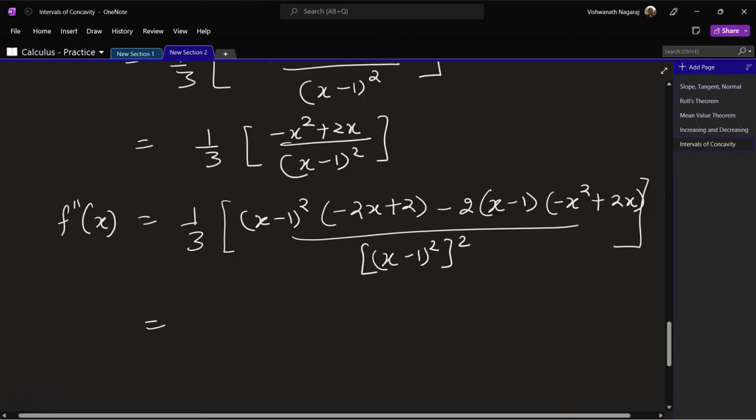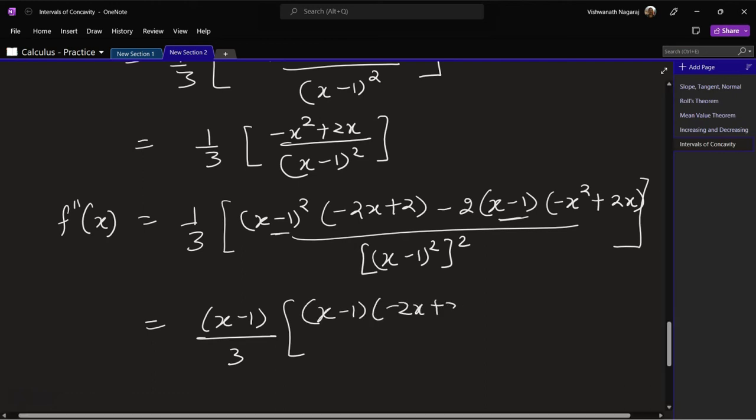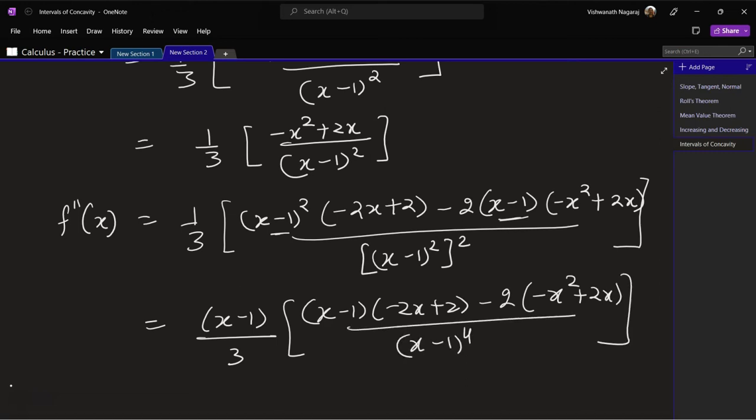Okay, let's simplify it. We have an x minus 1 here, x minus 1 here, so let's take x minus 1 out. We are left with x minus 1 times minus 2x plus 2, minus 2 times minus x square plus 2x, divided by x minus 1 4 times.